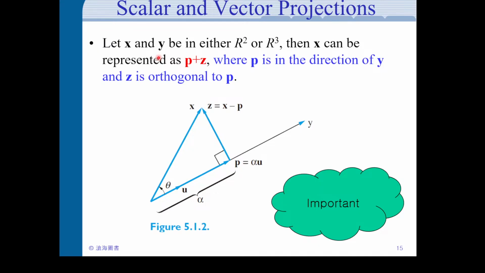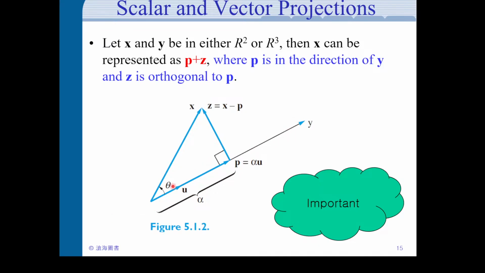So we have two vectors x and y in R2, R3. Then we can think about the projection of x onto y, and we define two different projections: a scalar projection and a vector projection. I think the vector projection is more straightforward. The projection of the vector x onto the vector y is this vector p here, where p has the same direction as y.